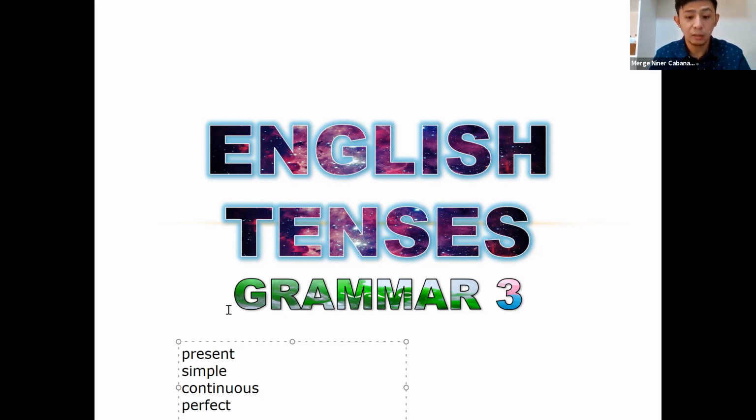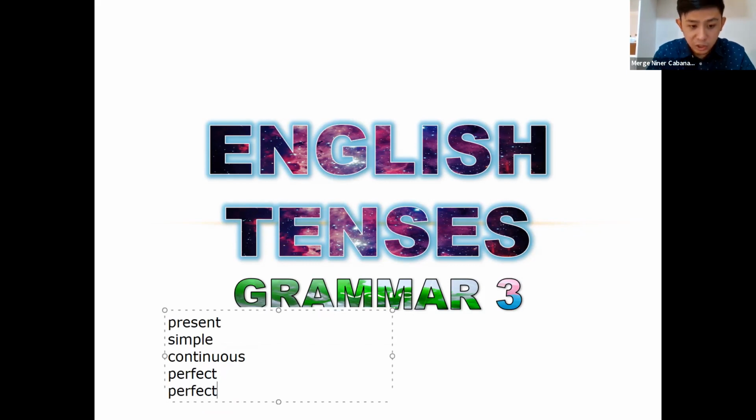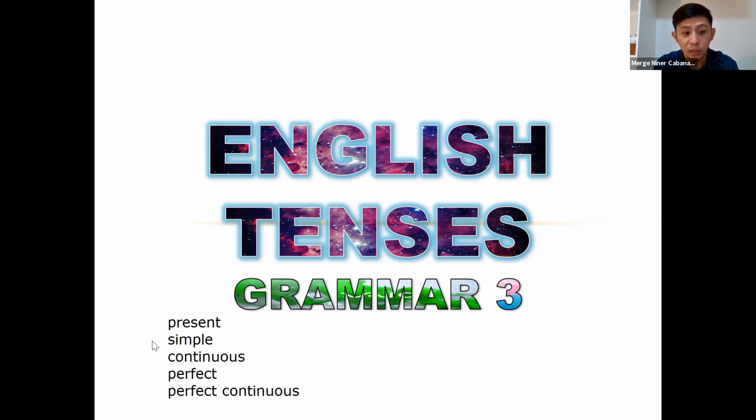So imagine that, just by understanding the present tense of the verb, we need to understand the simple, continuous, the perfect, and the perfect continuous forms respectively. So just for the present alone, how many tenses are there? We have already 4 types of tenses for present.